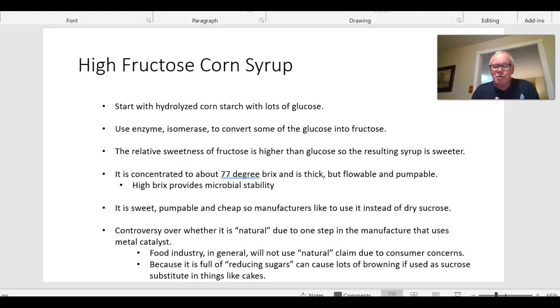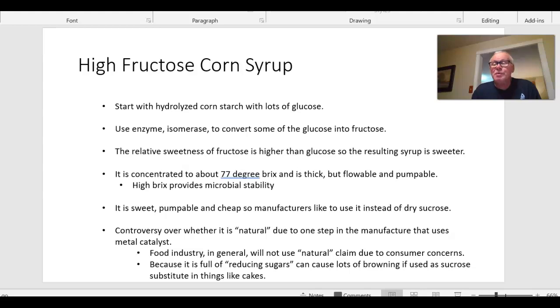And we know that the relative sweetness of fructose is sweeter than that of glucose. So you wind up with something that's sweeter than you started with.